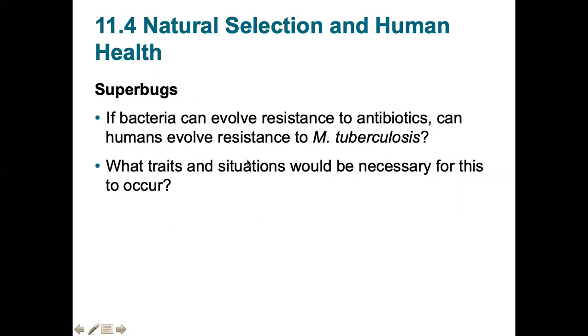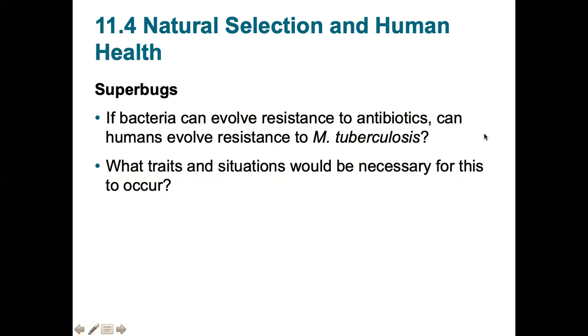And so the question is, can humans evolve to be resistant to this bacterium? No, you can't. And the reason why we can't is because they're evolving on a much faster rate than we are.